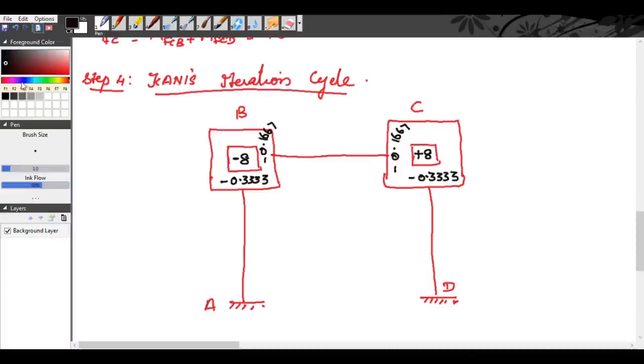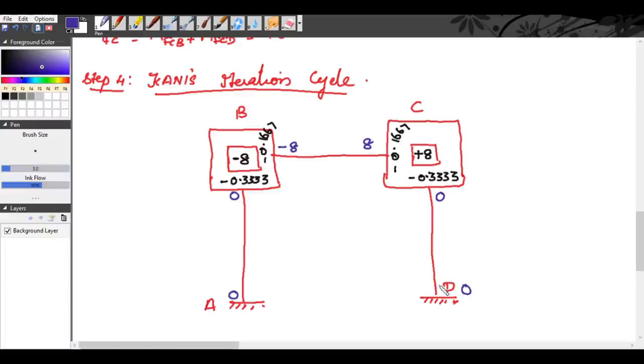Now we will write the fixed end moments. We know MFAB, the fixed end moment, is 0. M of BC, the fixed end moment, is -8. M of CB, the fixed end moment, is +8. M of CD, the fixed end moment, is 0. And M of DC, the fixed end moment, is 0.